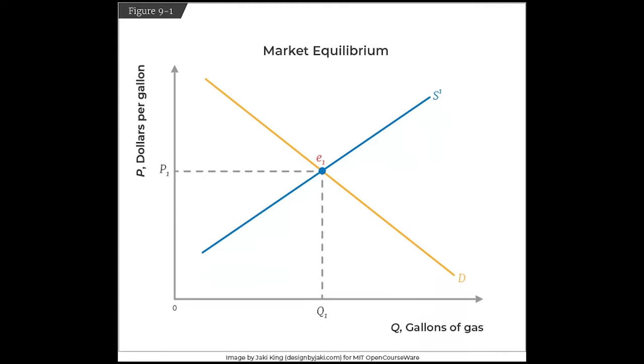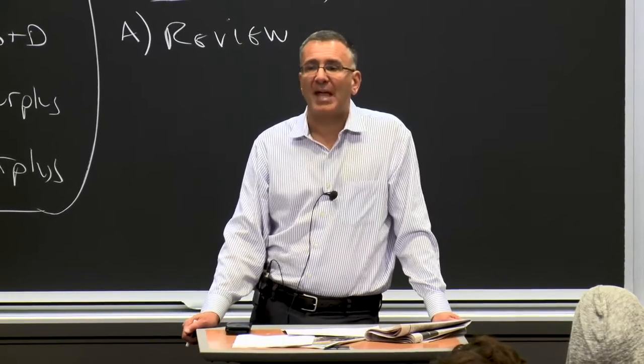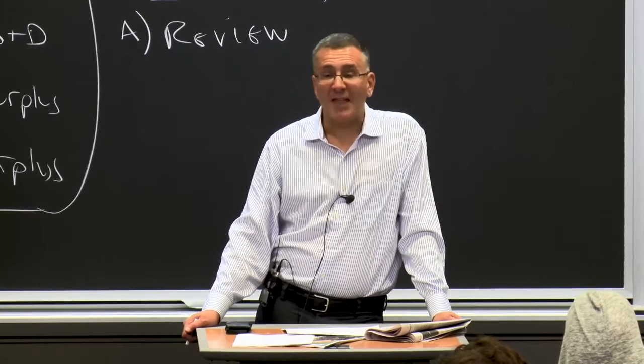So let's start by asking, as we move forward, how do we want to think about these curves? We want to think about these as willingness to pay and willingness to supply curves. Think about the demand curve as a willingness to pay curve. How much are you willing to pay to get the next unit of the good?